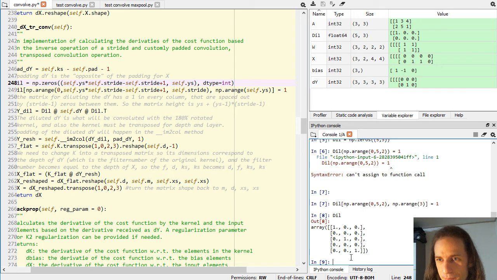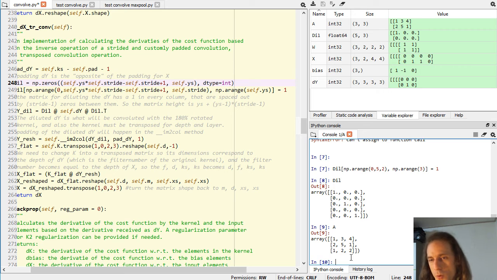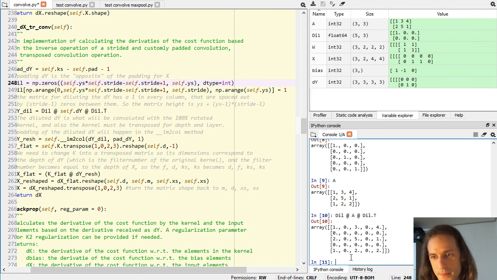And then we have the A matrix, so we want to multiply diluted multiplied by A multiplied by, and let's watch the magic, diluted transpose. Ta-da! So what happened here is we multiplied this A matrix on both sides with the dilution matrix, and we got all these nice zeros in there.